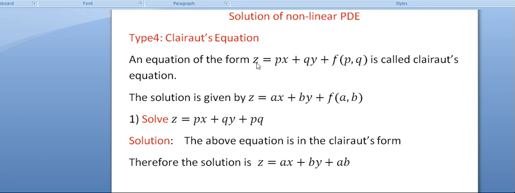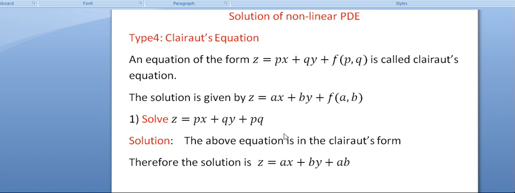That is, left hand side will be having only z is equal to px plus qy plus a function of pq. The solution is obtained by just replacing p by a and q by b. Therefore, the solution here is z is equal to ax plus by plus f of ab.